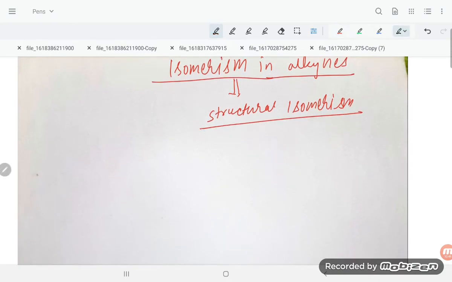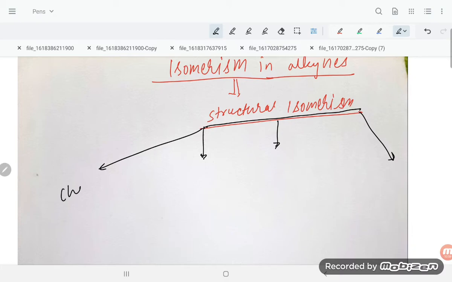So try to understand, check out this point here, students. First one is chain isomerism. Then the next one is position isomerism.